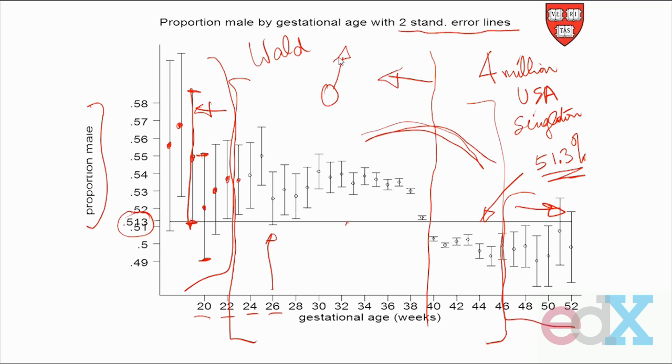And not only is it just suggestive, but none of these confidence intervals, here's one, the one at 26, does cross this line. But none of the others cross that line. So down there, we've got a preponderance of males. Up here, to the right of 39 weeks, we have a preponderance of females. And it looks like it's significantly so.